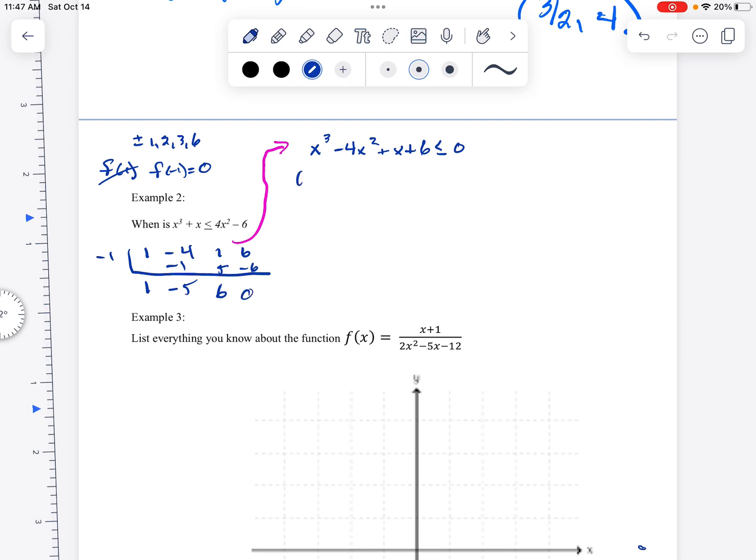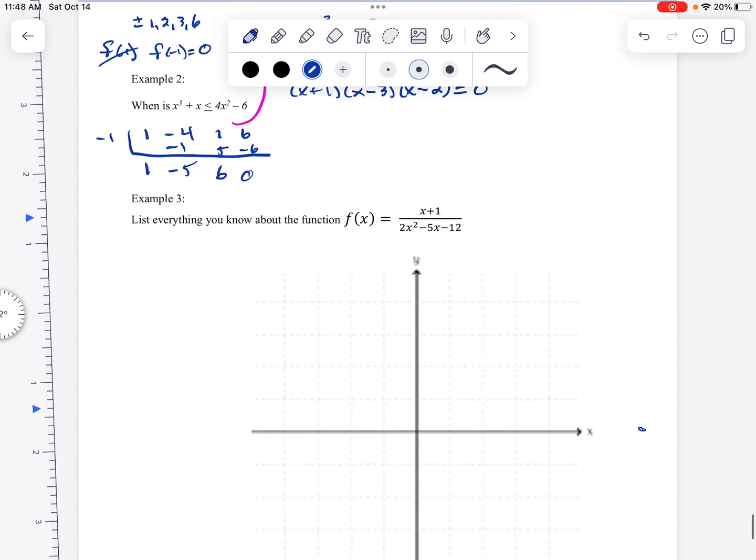So I'm going to have x plus 1, x squared minus 5x plus 6, less than or equal to 0. I'm hoping this factors. Oh, sure, it factors into x minus 3, x minus 2.